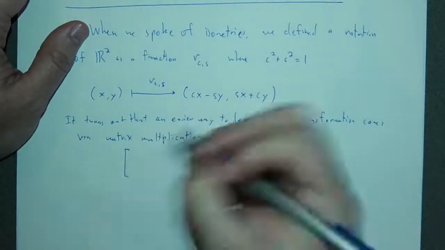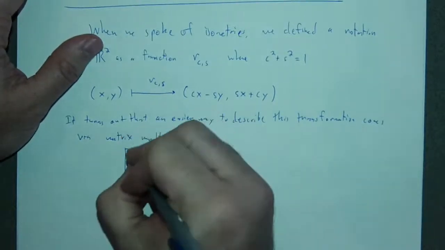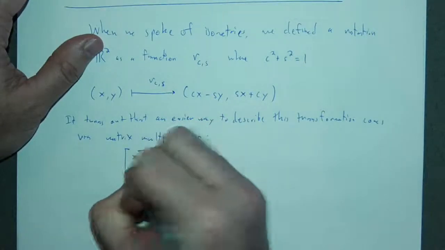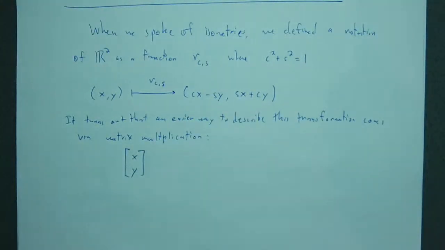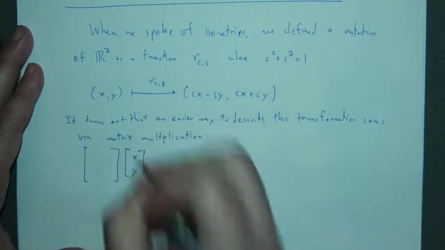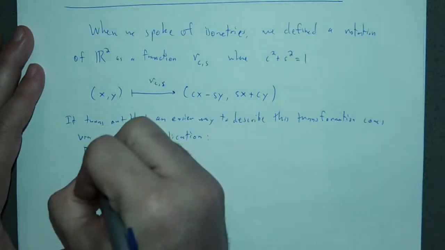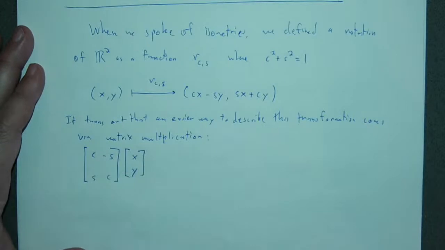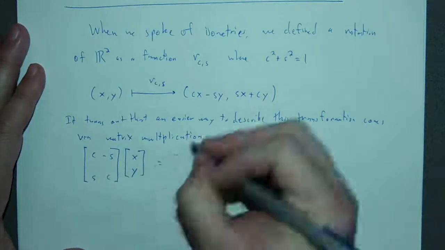Well, I can multiply the vector (x, y). Now if I'm thinking about this as a column vector denoting my ordered pair, I can multiply this vector on the left by the 2 by 2 matrix with rows C, minus S and S, C. And when I do that, what do I get?